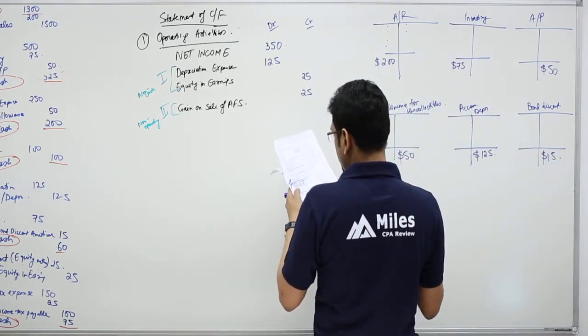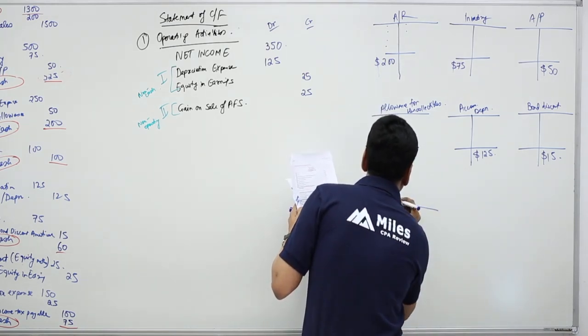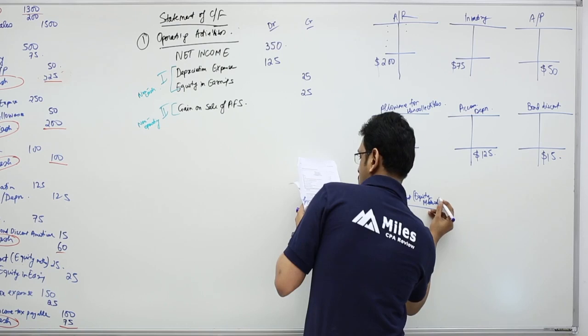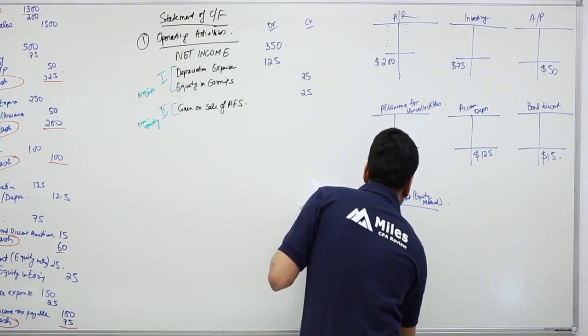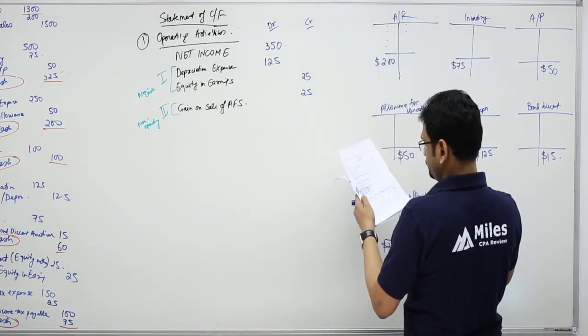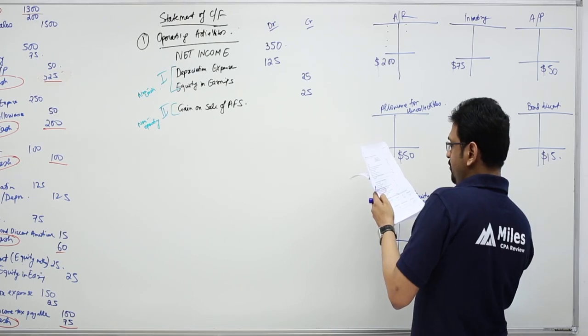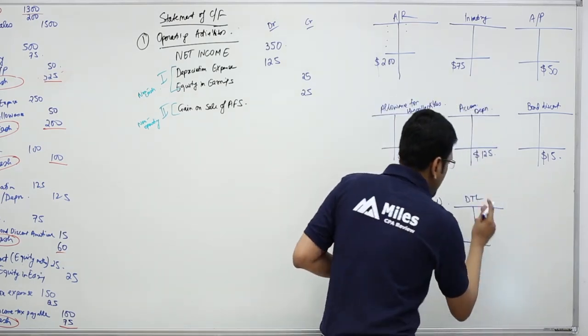Then you have an increase in investment under the equity method. We're looking at the equity method investment, and that increased by $25. Then you have a decrease in deferred tax liability, and that was $25.